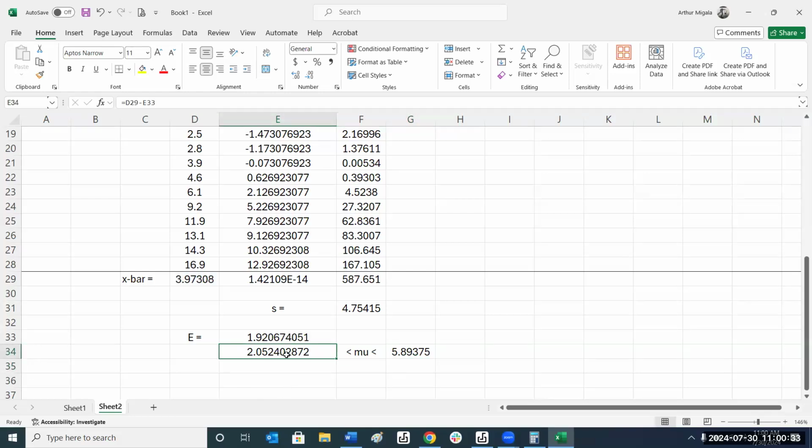Since our data only had one decimal place, we go to 2 decimal places. So there is our confidence interval. That's our CI.